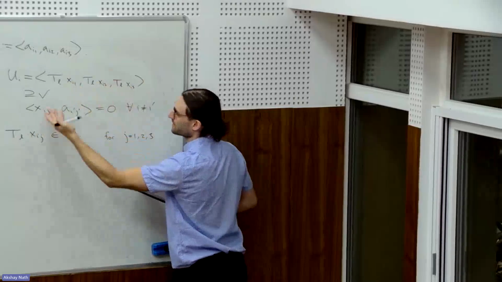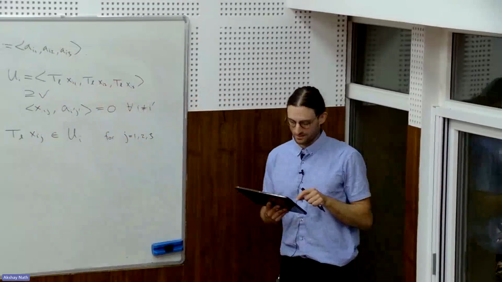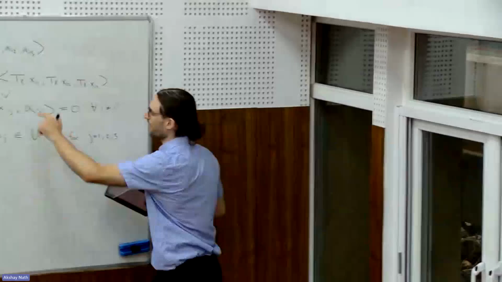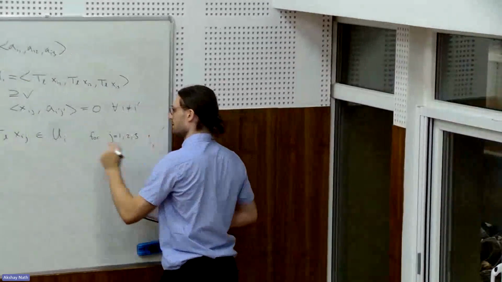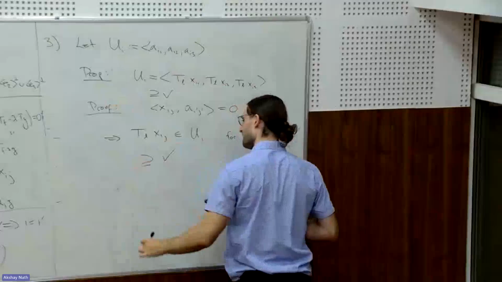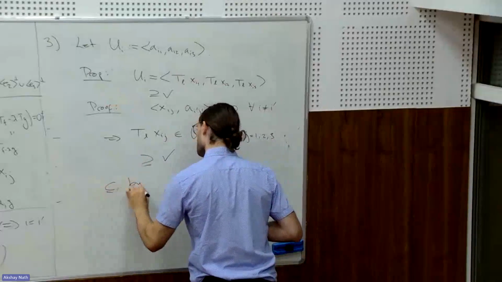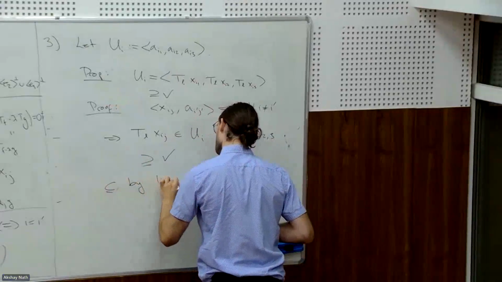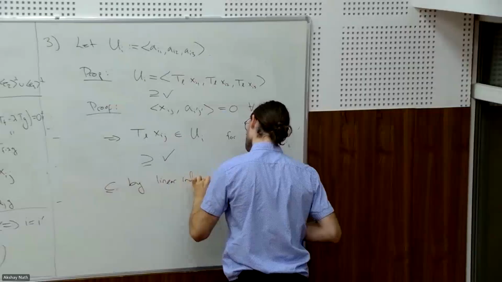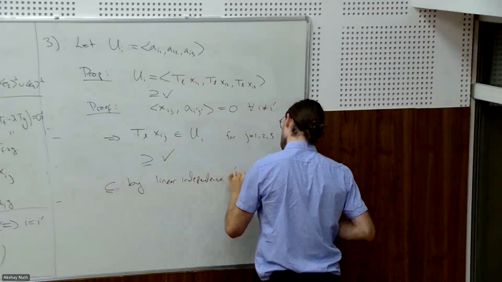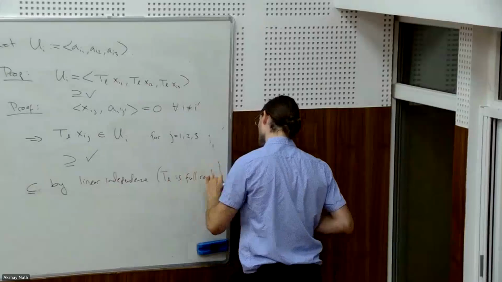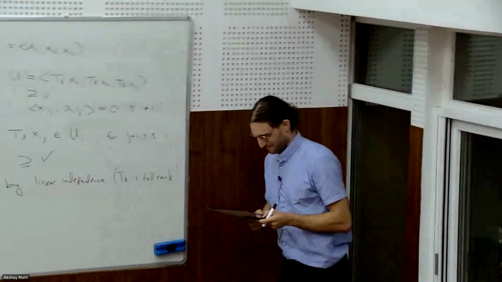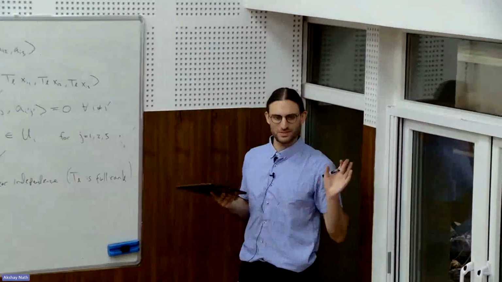So they're linearly independent coming out, so they have to be a basis for UI. Okay, so this is done. This proves this, and then this by linear independence, TL is full rank. Any questions?